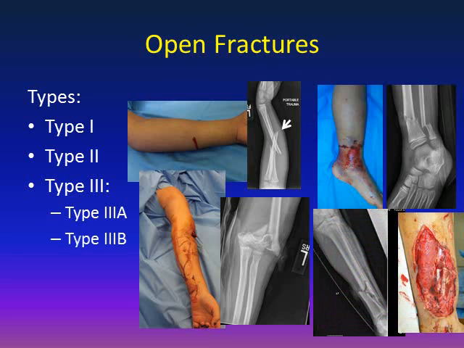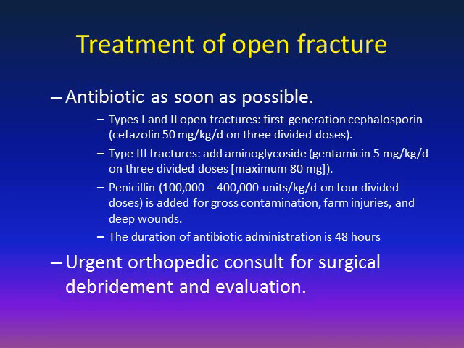Type 3B is more involvement of the soft tissue, in which you cannot close the soft tissue primarily, and you have to do either skin graft or plastic flap coverage, or apply a wound vac for a while. Type 3C is an open fracture with affection of nerves or vessels.